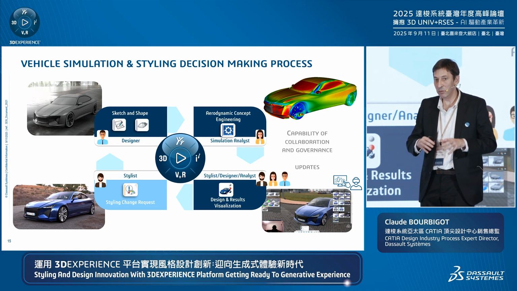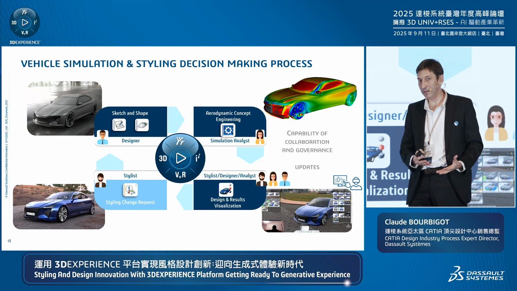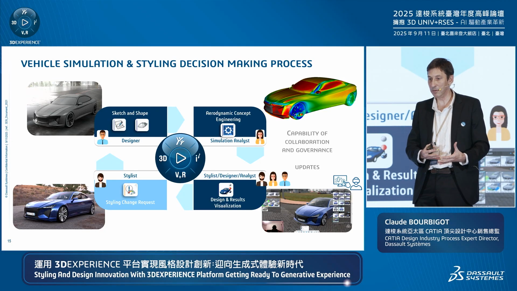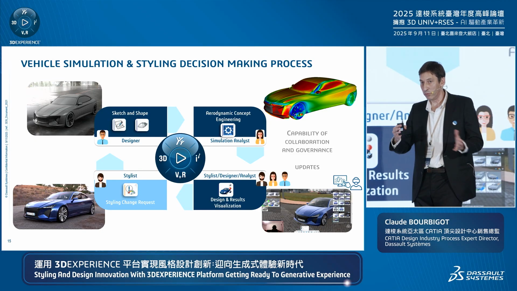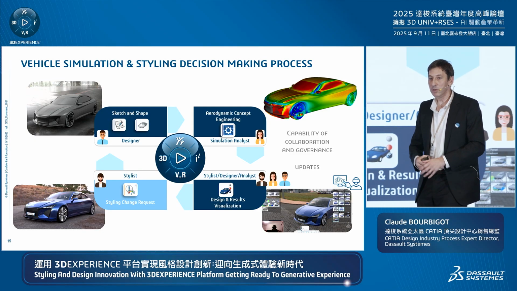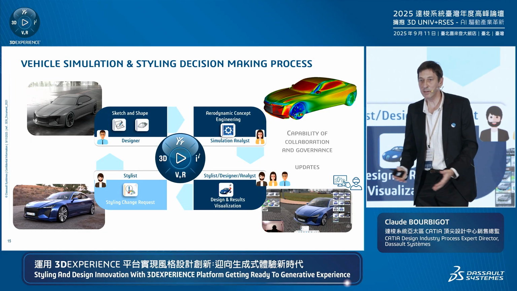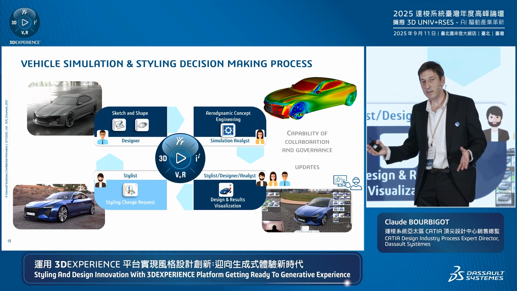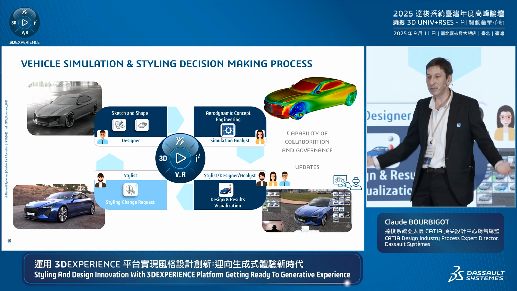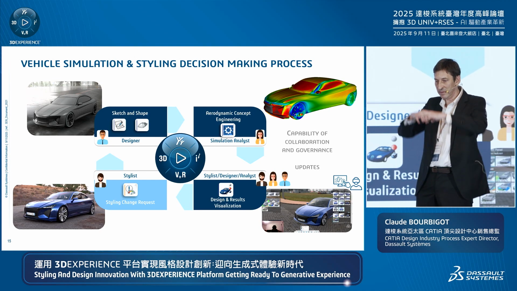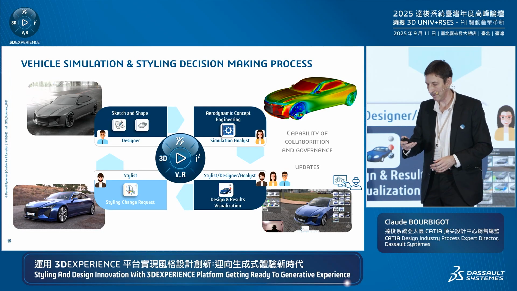And for this, you need to have a history-based modeling application, which is CATIA. You need to have a very robust simulation tool, which is Simulia. And you need to have a platform to orchestrate all of this data and put together the different teams, the different experts at the same place to make the design review.